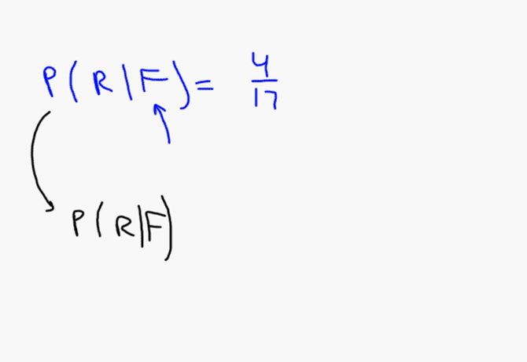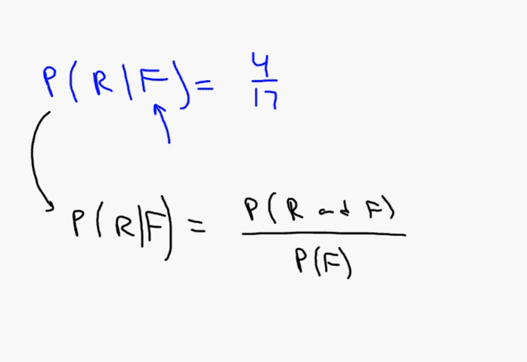And what they say is the probability Republican given female is equal to probability of Republican and female over probability female. Generally, whatever's in the second position becomes the denominator, and the intersection of the two sets goes in the numerator. Okay, let's use this formula in this problem and see what happens, and see if it matches this answer of 4 over 17. That's what it should do.